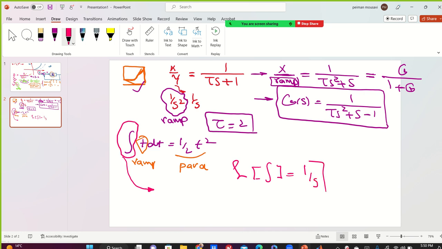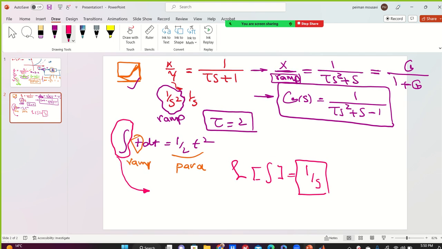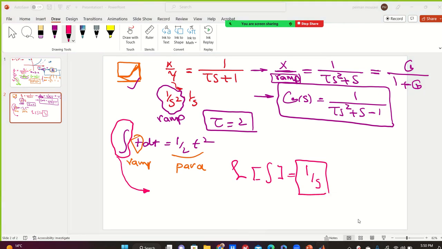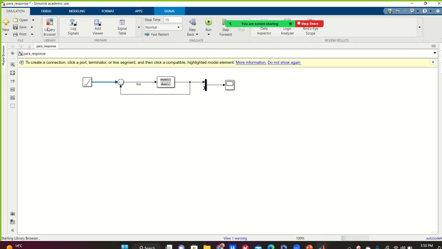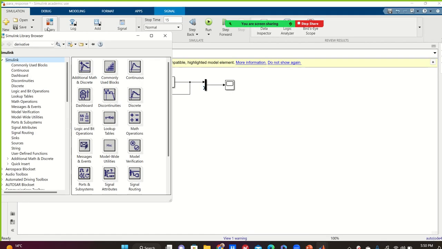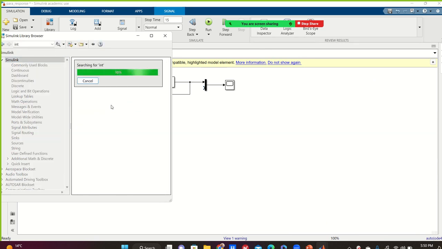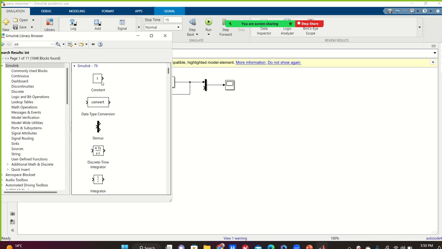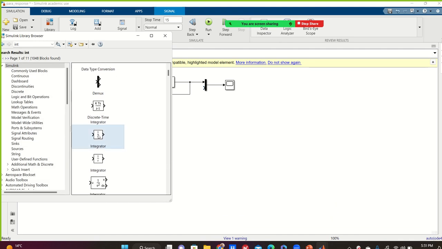Yes, exactly. So when your friend said integration, it is enough that I integrate my signal. I'm going to put here an integrator, and it comes up. Here we go, integrator, see 1 over s.